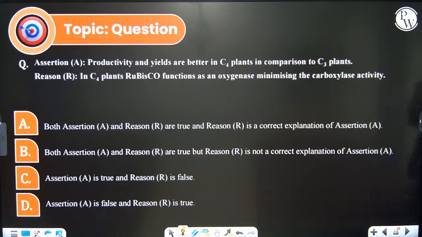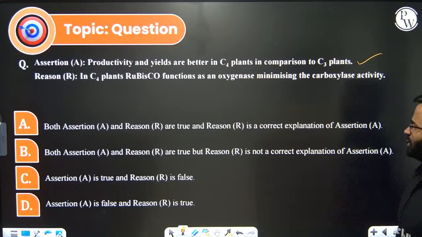Next. Productivity and yields are better in C4 plants in comparison to C3 plants, which is absolutely right. In C4 plants, Rubisco functions as oxygenase, minimizing the carboxylase activity. Na baba, na.